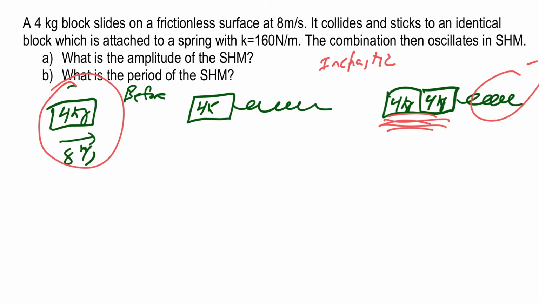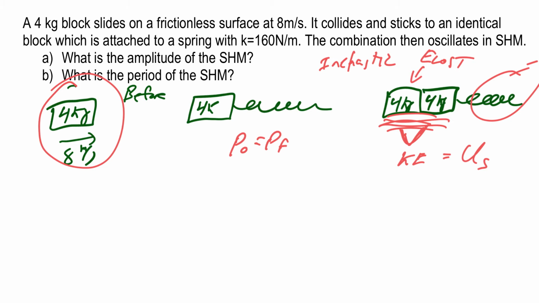So you can't just say the kinetic equals potential because we lose some energy right here. So the way you want to solve this is you want to use conservation of momentum. So P initial equals P final. And from there, you can get the actual velocity after it collides and sticks. And then you can use kinetic gets turned into spring potential. So that's how you want to approach it.